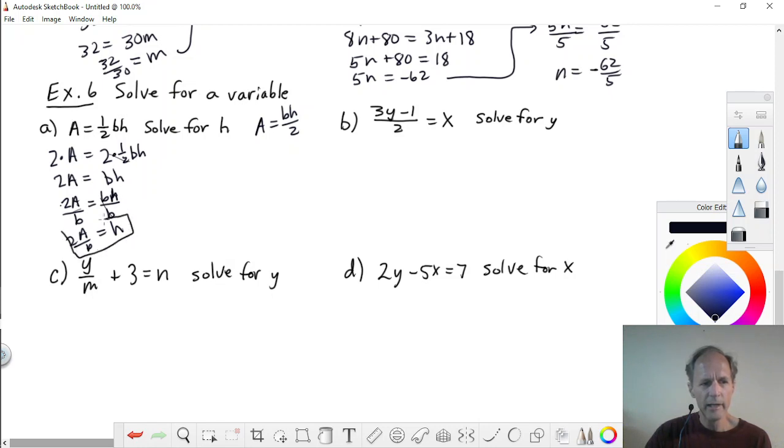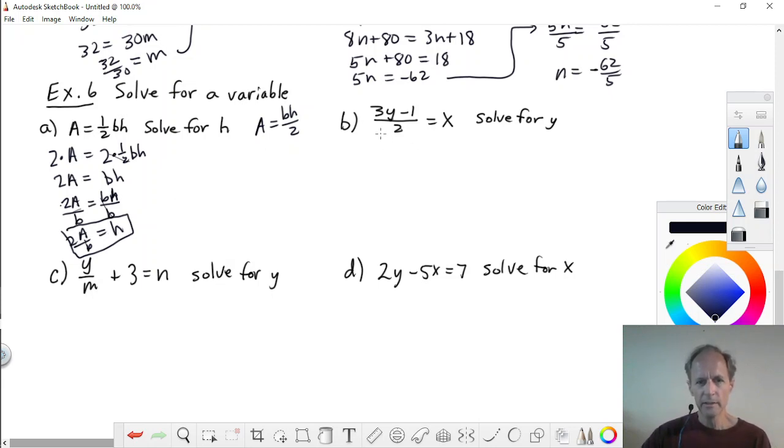So we have solved for h in terms of the other variables. It's 2a over b. Who knew? You may recognize this area formula for a triangle. Area equals 1/2 the base times the height. Turns out the height equals 2 times the area divided by the base.